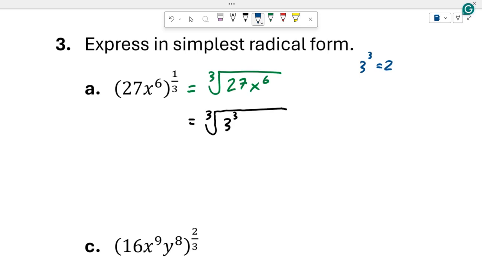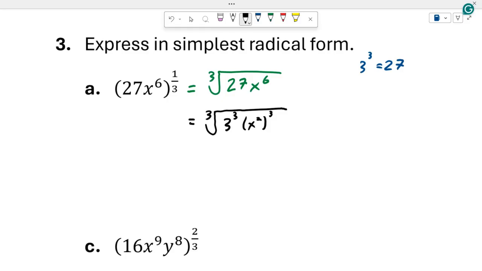And that's going to work out very nicely. Then looking at the x to the 6th, I notice that I can rewrite x to the 6th as x squared to the 3rd power.